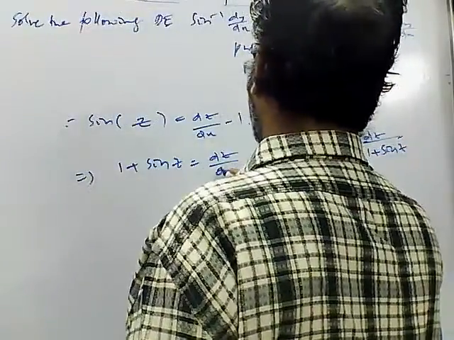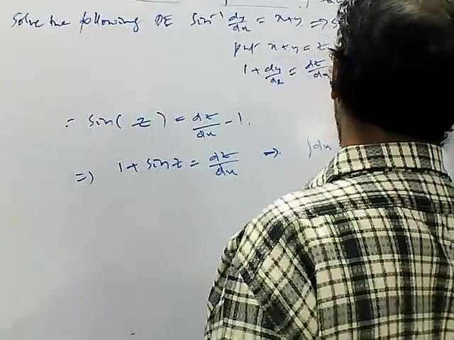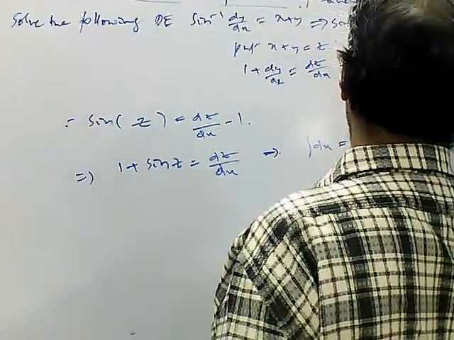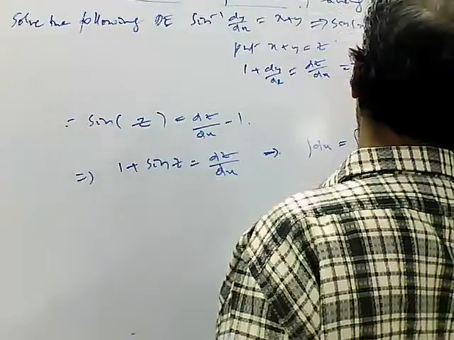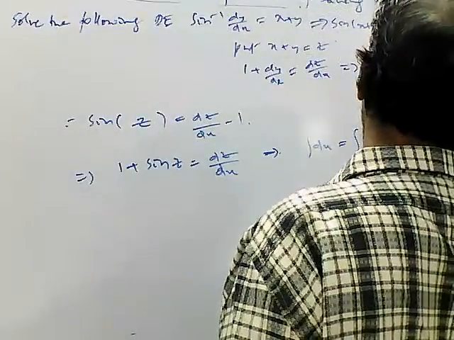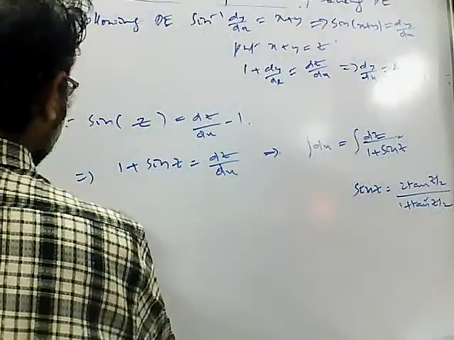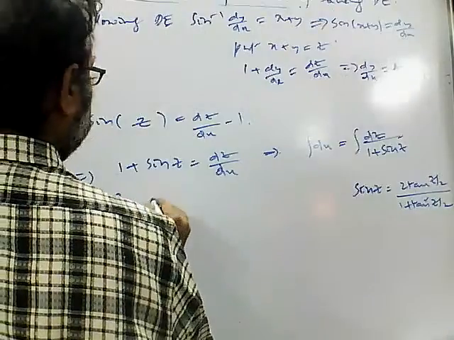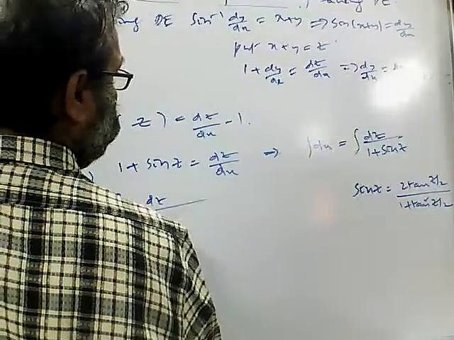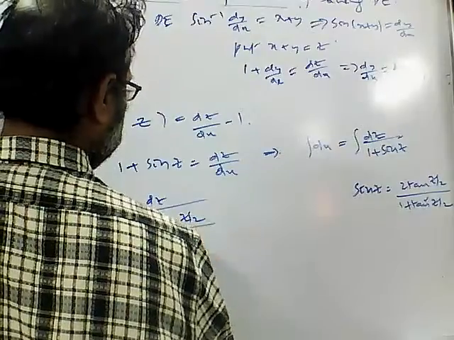By taking the variable and separable. Now, sin z = 2 tan(z/2)/(1 + tan²(z/2)). Therefore, integral dx = integral dz by 1 + 2 tan(z/2)/(1 + tan²(z/2)).